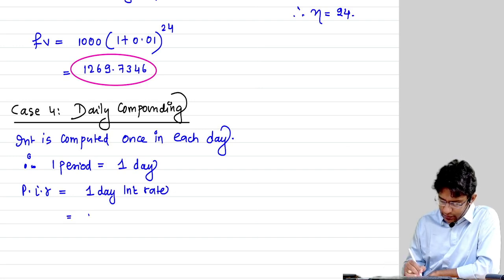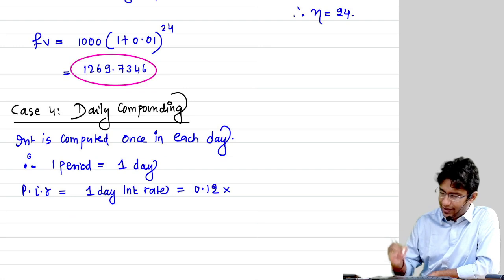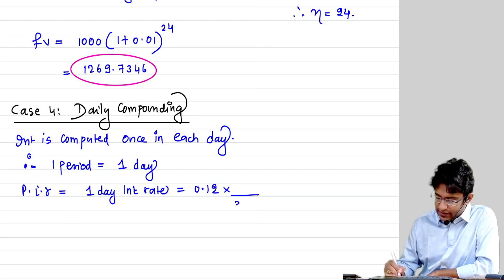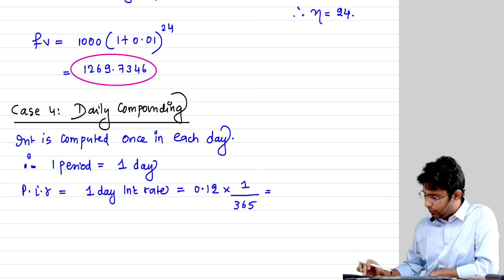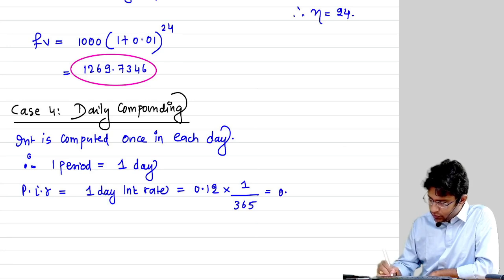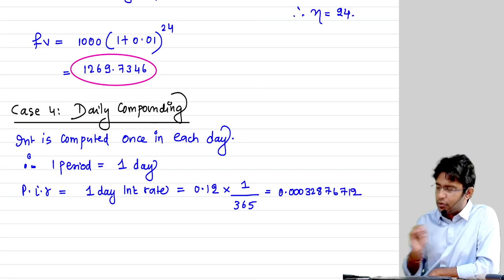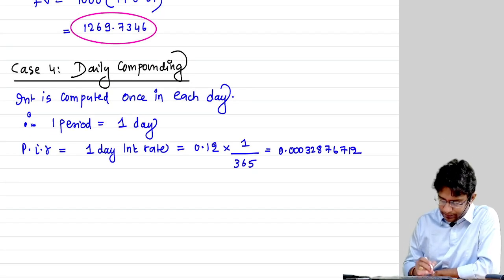So 0.12 is for 1 year, 365 days. I want for 1 day. So it will be 0.12 divided by 365. 0.00032876712. This is my PIR, sir.